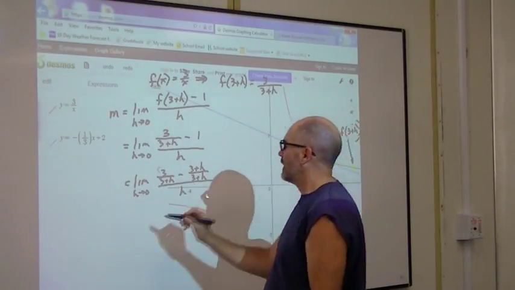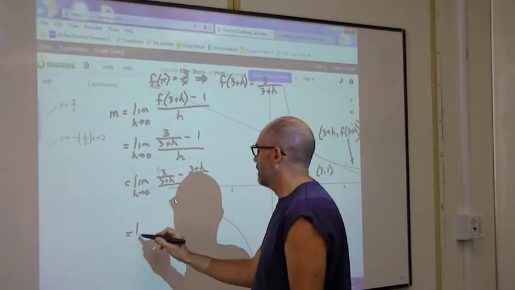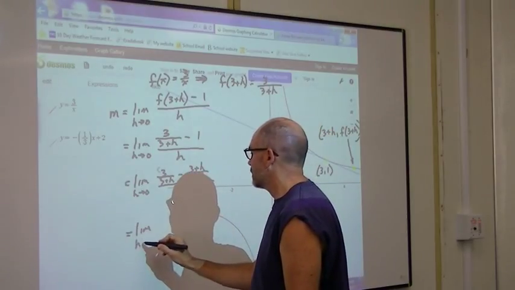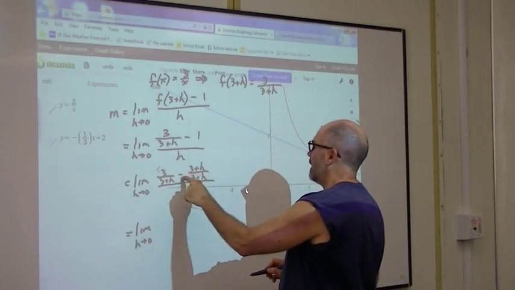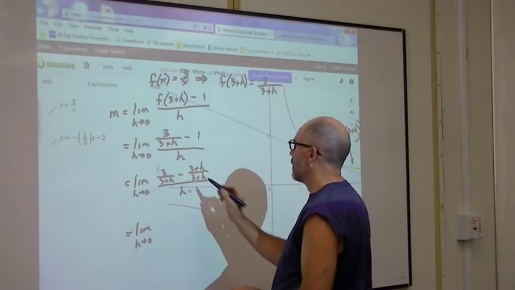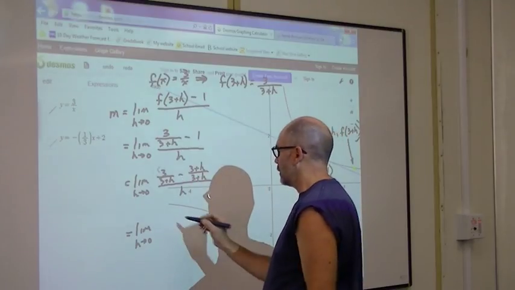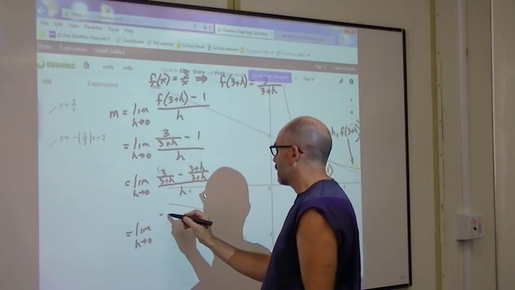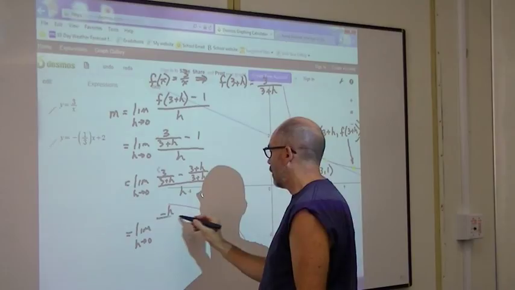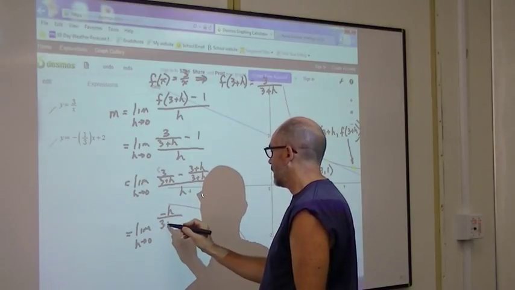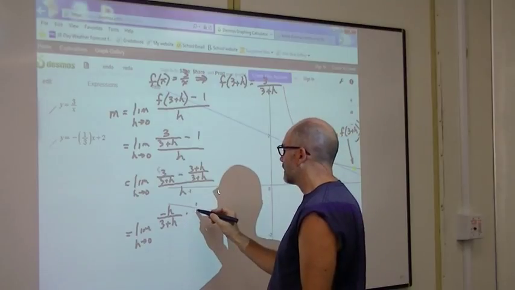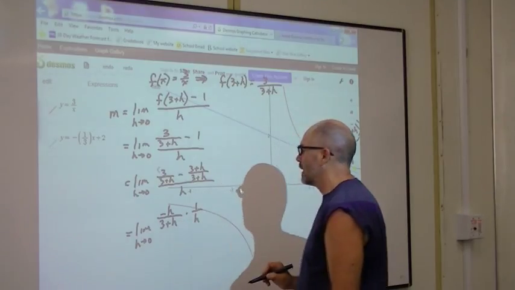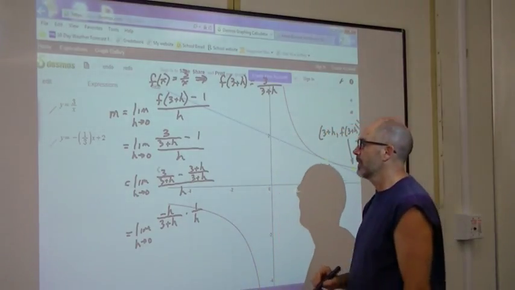Okay, now let's fix the top. So that's going to be the limit as h approaches 0 of 3 minus 3, which is 0, now minus the h. So we have a negative h left up here over 3 plus h. Now, instead of dividing by h, let's just multiply by 1 over h. We're allowed to do that anytime we want.